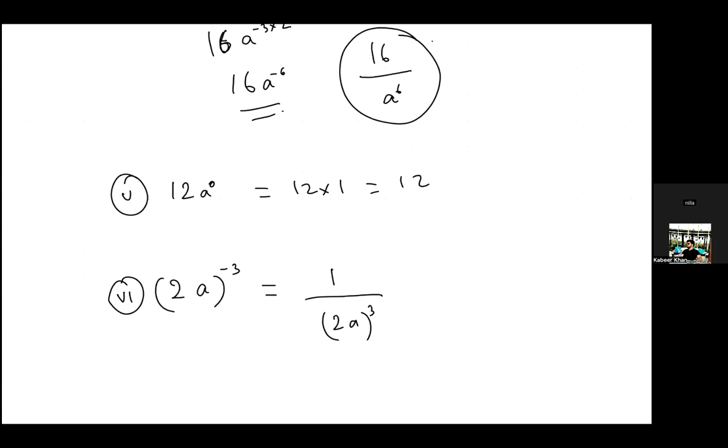Right? So this can be 2 times 2 times 2, which is 4, 4 times 2, 8. So 1 over 8a to the power 3. Is it clear, Nila? Yeah.